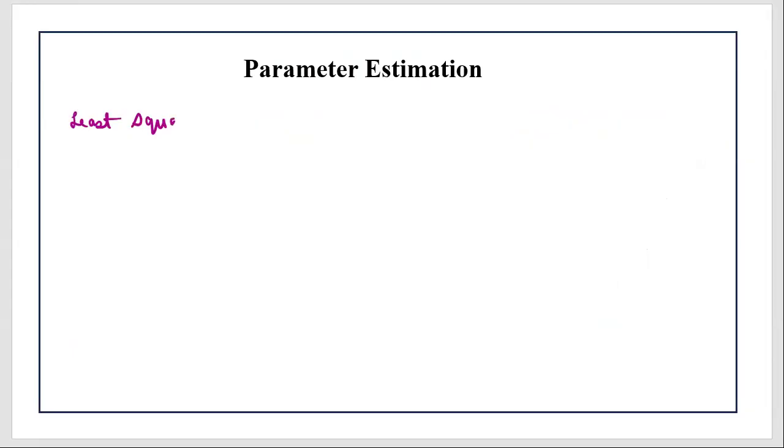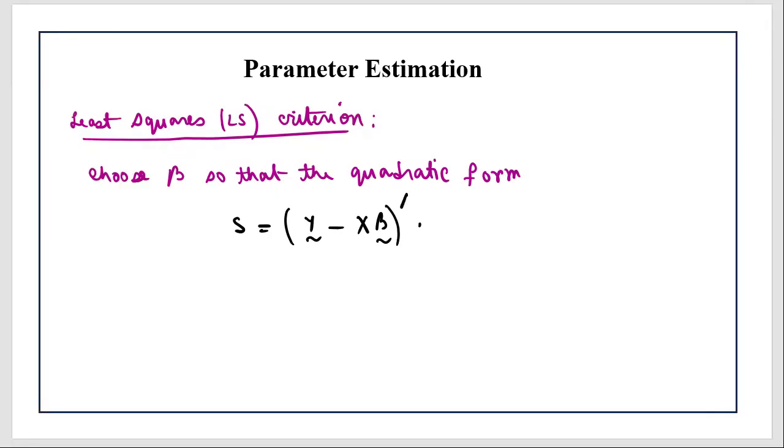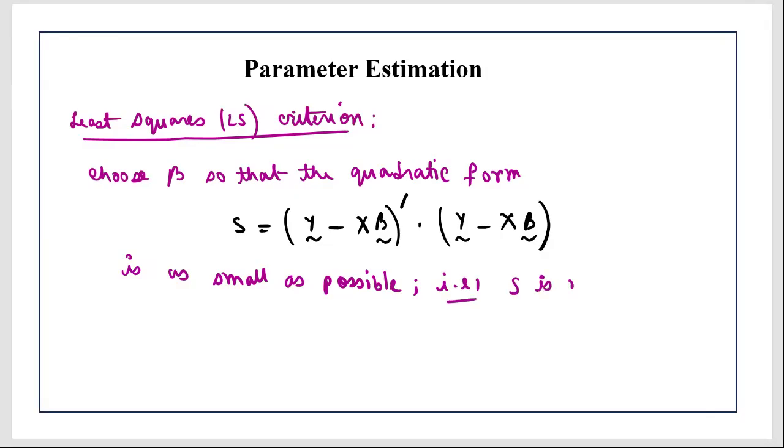The criterion is that we will choose the beta so that the quadratic form S, where S is simply (y curl minus x beta curl) transpose into (y curl minus x beta curl), is as small as possible. That is, S is minimum.